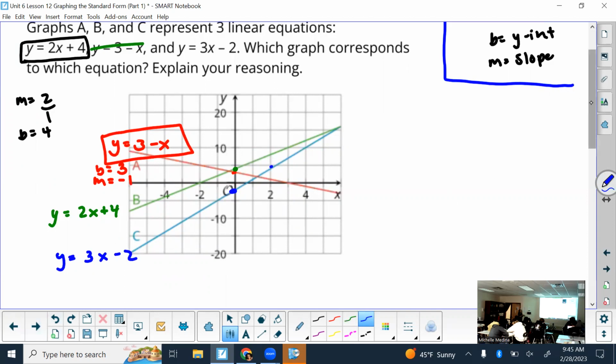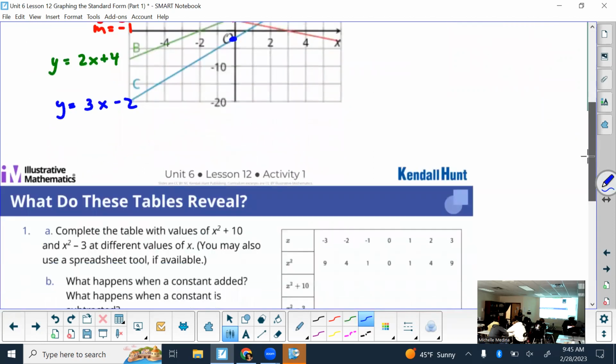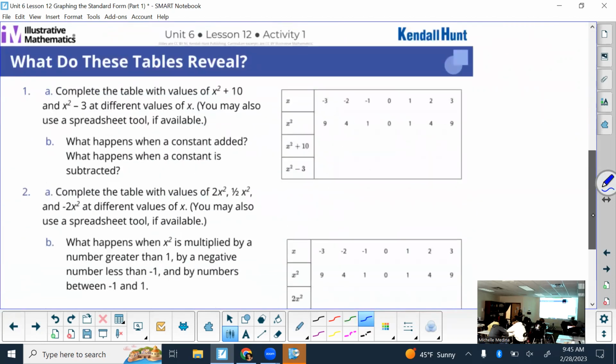Now we're gonna look at this current unit, which is quadratics. What shape do quadratics make on a graph? A U-shaped graph. Good. So now we're not looking at just straight lines. We're looking at U-shapes, and they have a different type of equation.